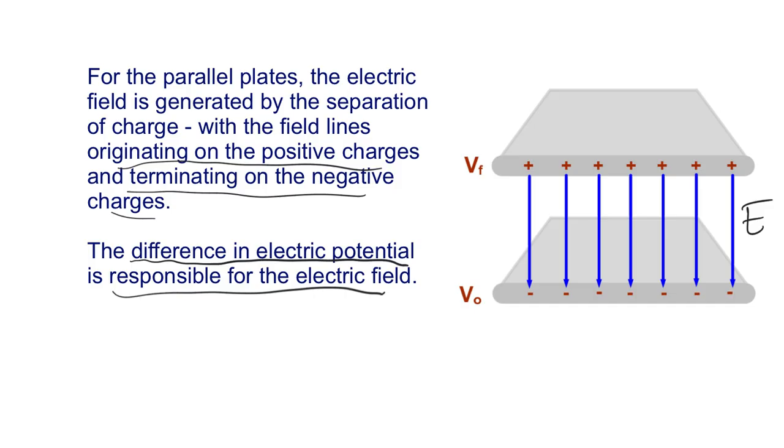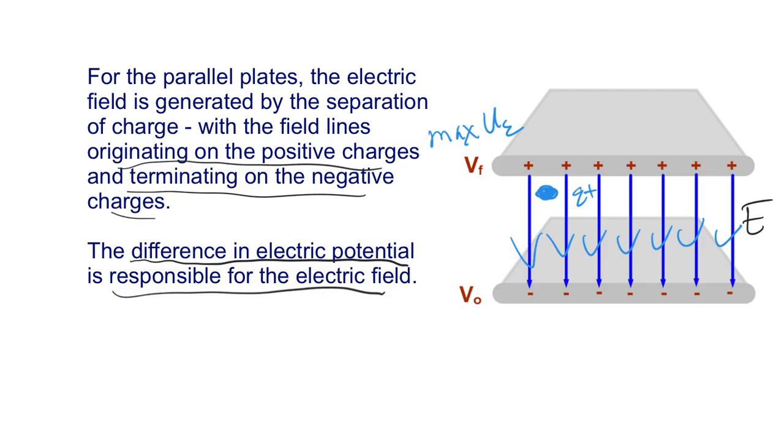Okay, so we know that the direction of the field is always from plus to minus. And if you think of a positive charge, Q plus, from what we learned before, when that Q plus is up against the positive plate, we have maximum electrical potential energy for that positive test charge.